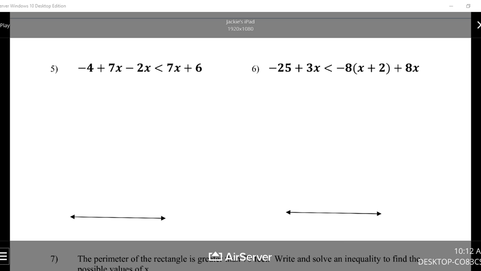Okay, so for 5, let's simplify the left side first. We can combine like terms. 7x minus 2x is 5x.